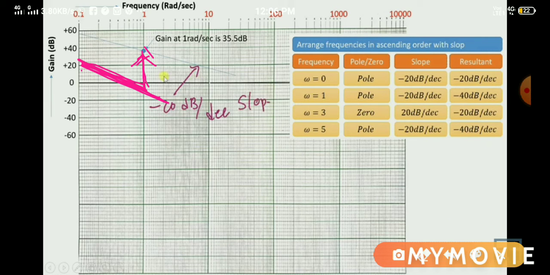Take one parallel line from here to here, keep the scale at minus 20, then drag the line from this minus 20 line till omega c1 is equal to 1. So we got this line.